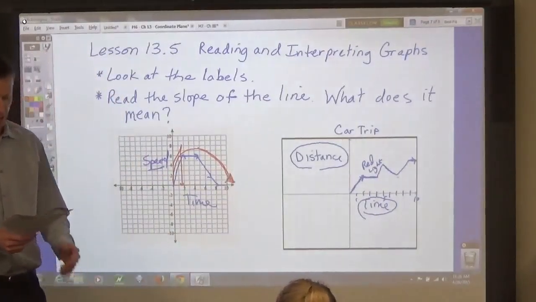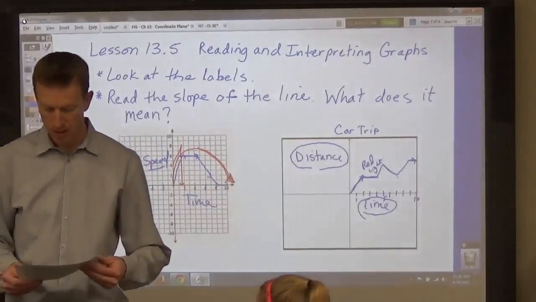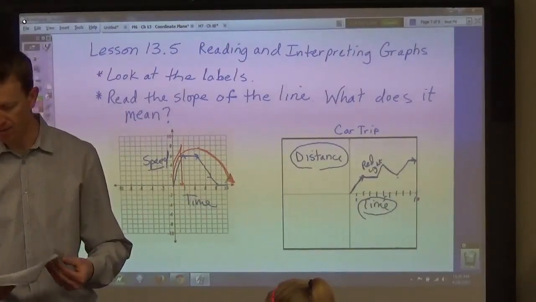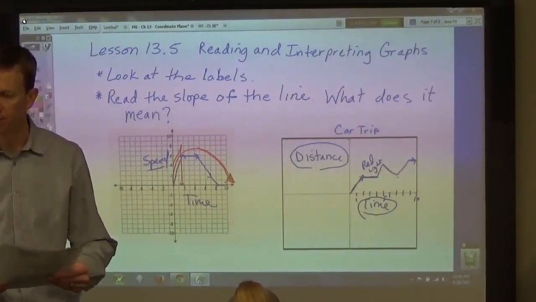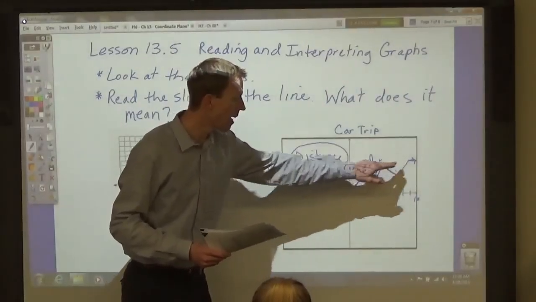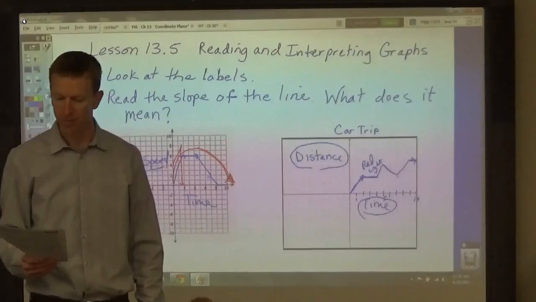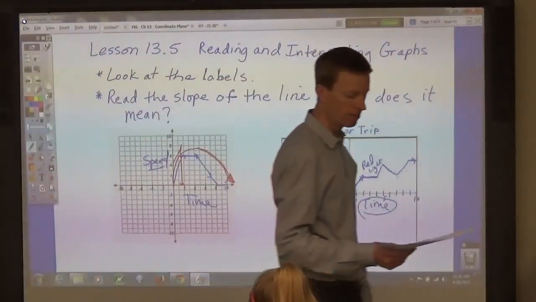How can you tell which stop took more time in the line? Because the line was straight longer. Yeah, if it's straight longer, this is a longer stop than this is, isn't it? Yes. So a longer straight line would be a longer stop.